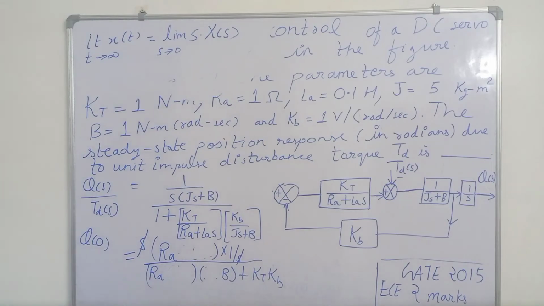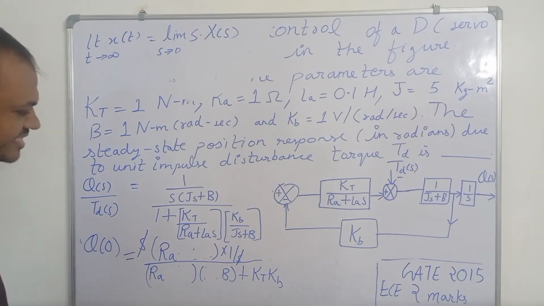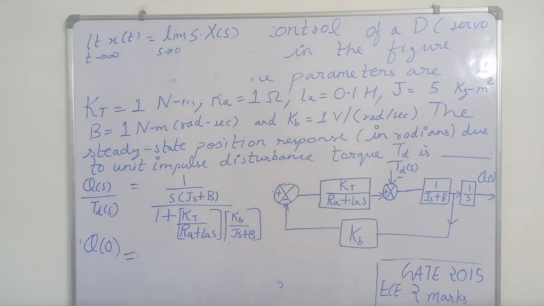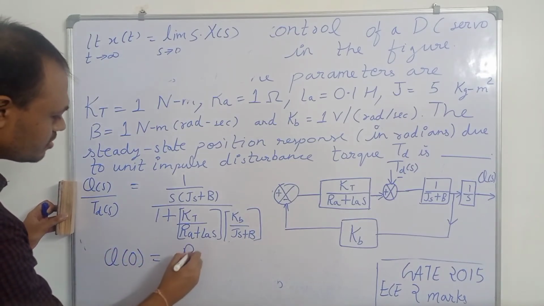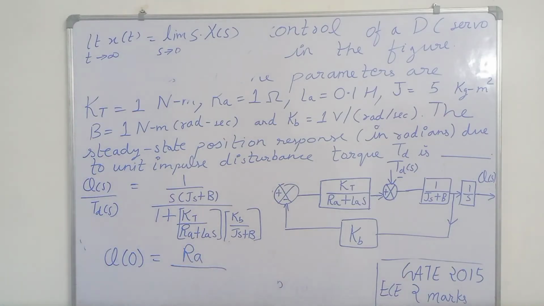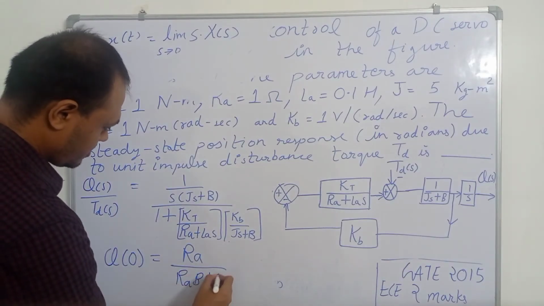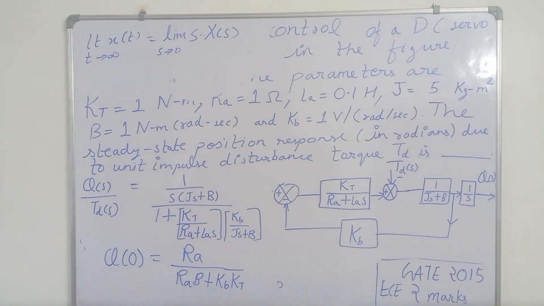So we are left with theta 0 equal to Ra upon Ra B plus Kb Kt.